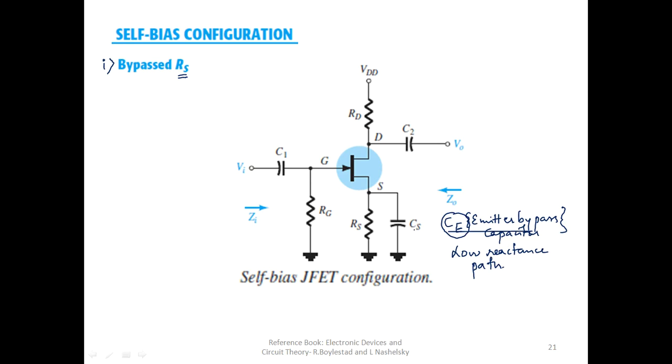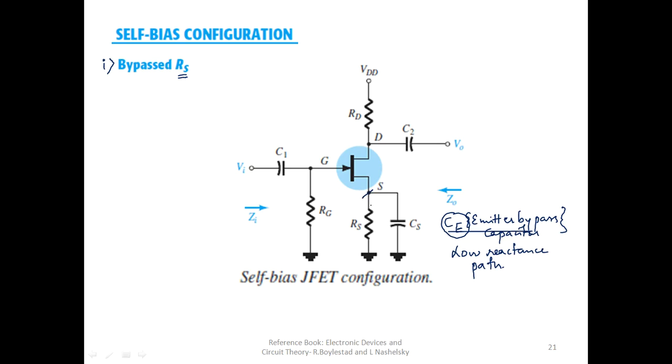Now with respect to a JFET, it's not CE. The symbol is CS, so it is the source bypass capacitor, whereas the purpose is the same. It provides a low reactance path.